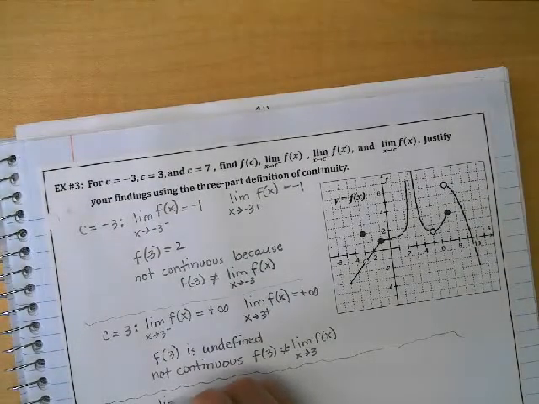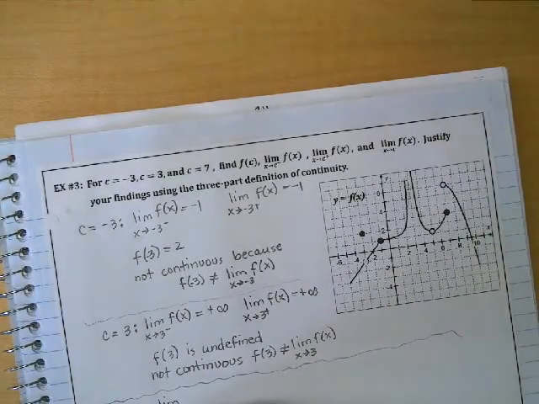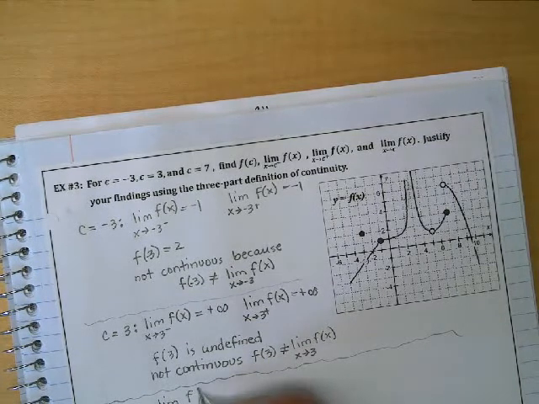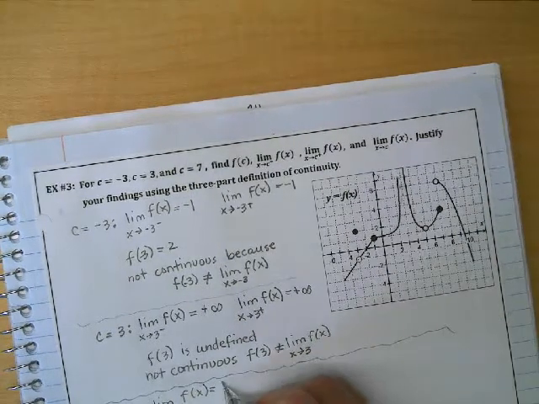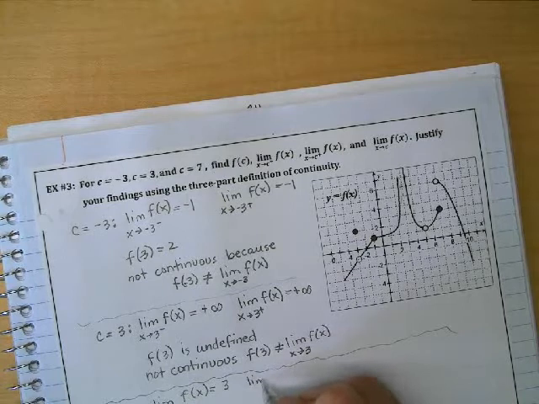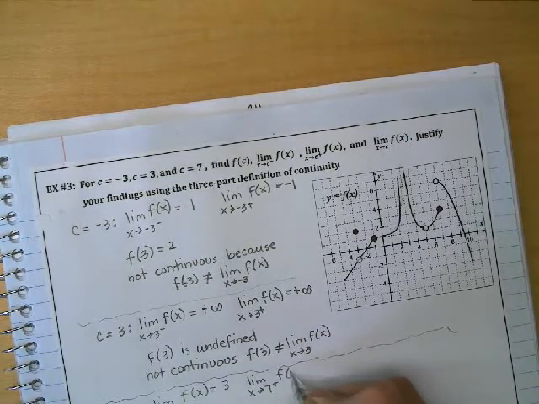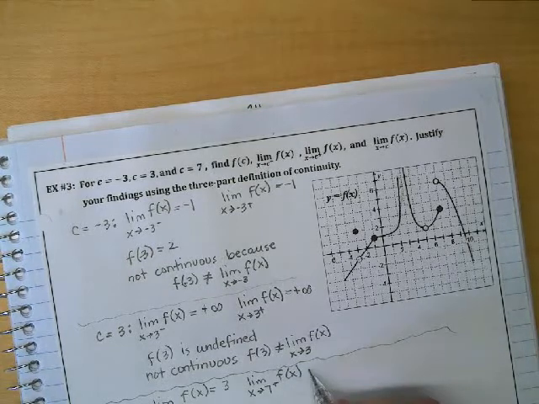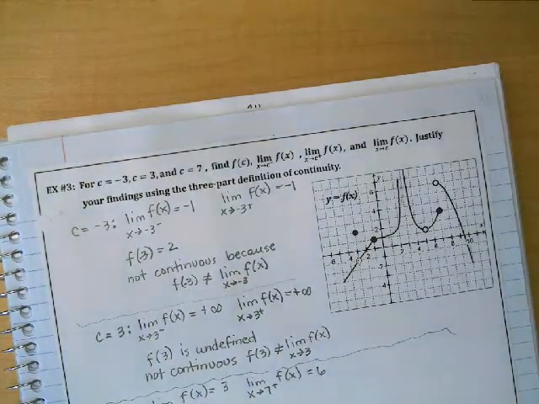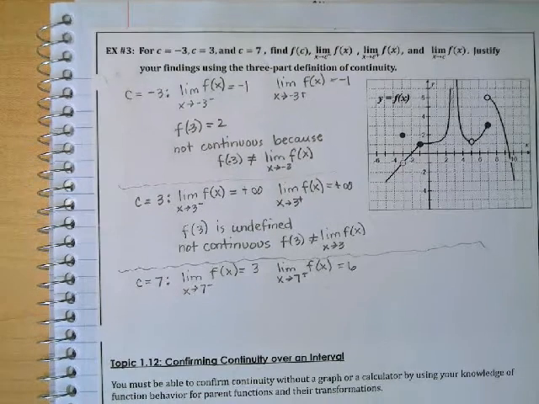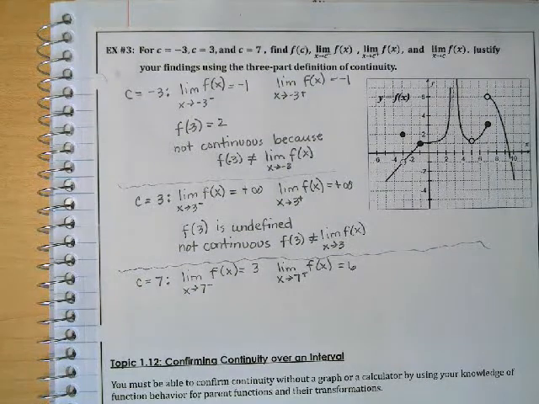So I'm going to say the limit as x approaches 7 from the left is equal to 3. The limit as x approaches 7 from the right is equal to 6. So that tells me that the limit does not exist.